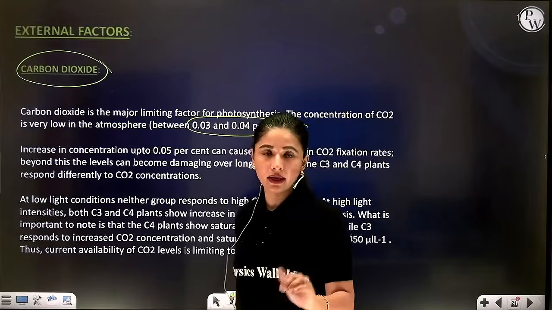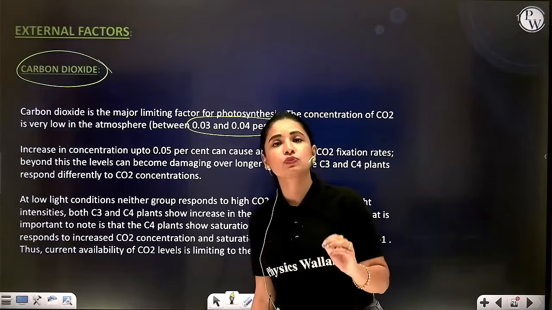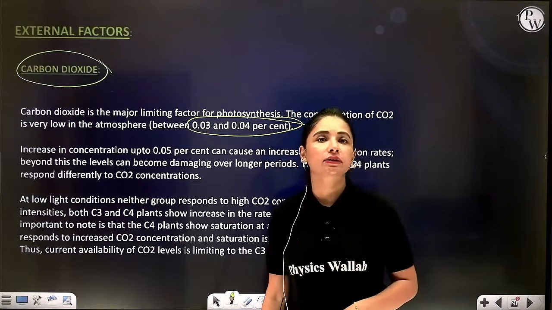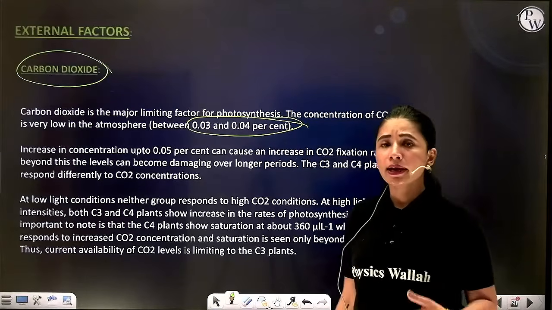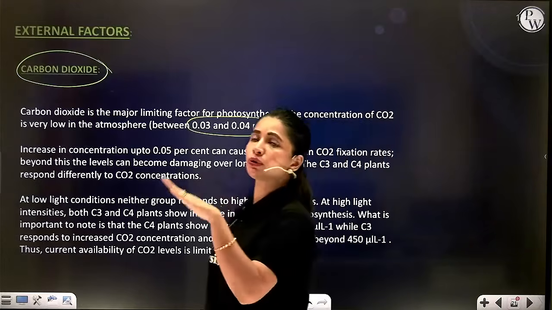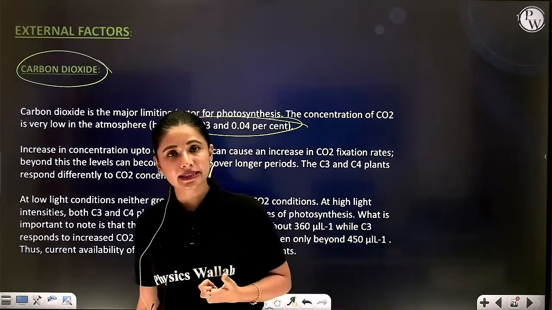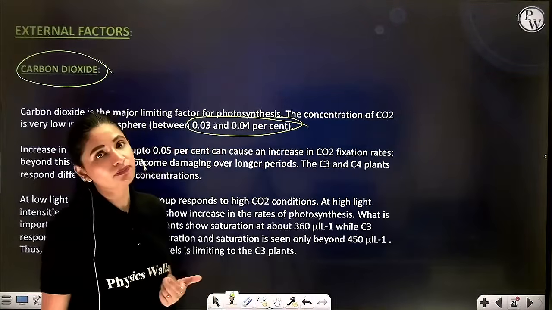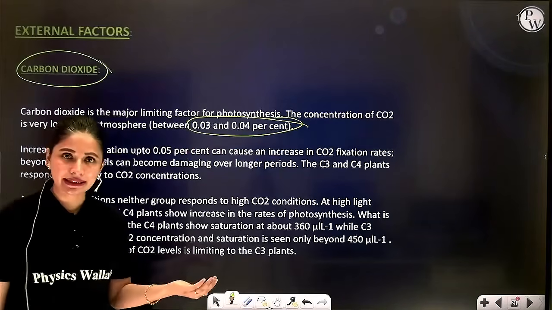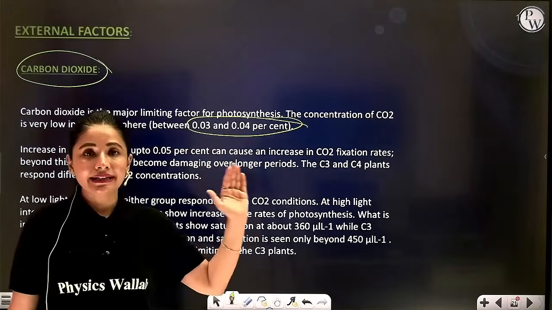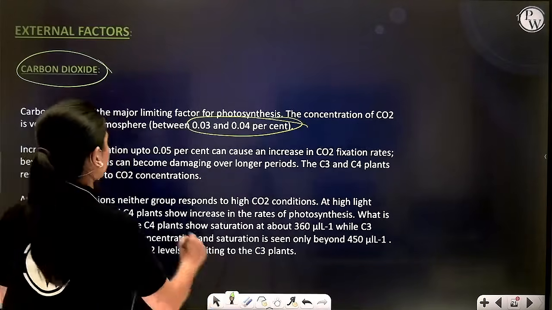That is why CO2 becomes one of the major limiting factors for photosynthesis. Right? So if concentration of CO2 rises to a certain extent, maybe up to 0.05%, then rate of photosynthesis is also going to increase with the increase in CO2 concentration.